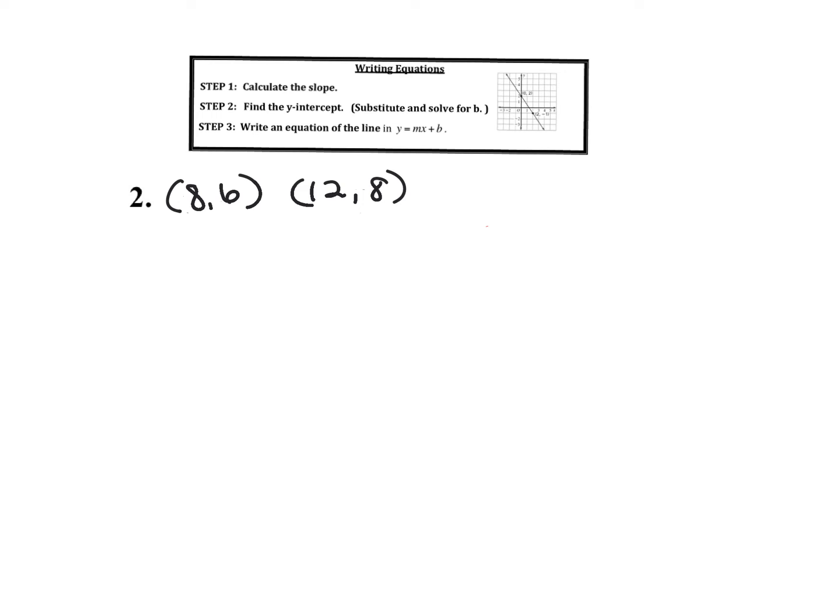All right, so let's go ahead and take a look at the steps again, calculating the slope. That's our first step. So I'm going to label my points, and let's find our slope. Remember, the slope formula is y2 minus y1 all over x2 minus x1.